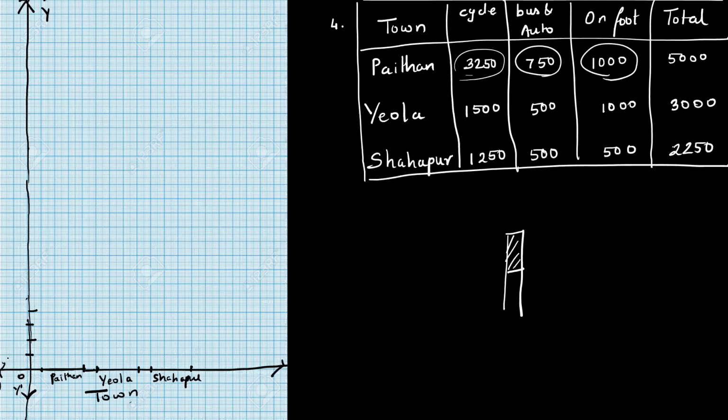We'll start by writing 500, 1000, 1500, 2000, 2500, 3000, 3500, 4000, 4500, and 5000. And the heading we can write this way.